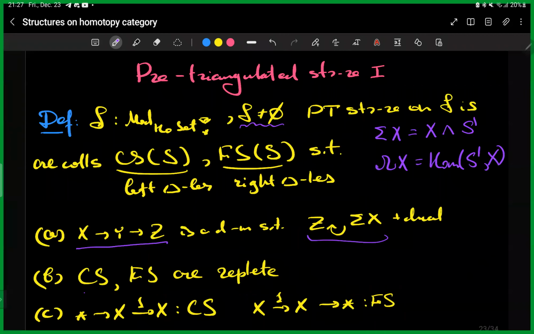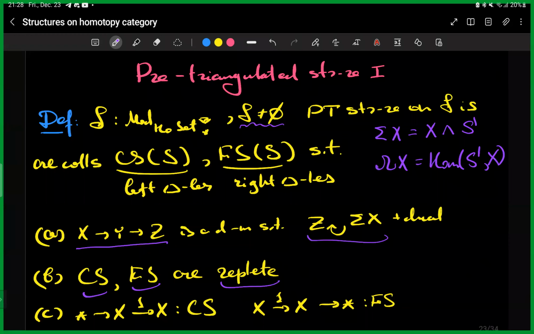Additionally, cofiber sequences and fiber sequences should be replete, meaning that if we have an isomorphism of sequences, which is an isomorphism on objects, which is equivariant with respect to action or coaction on one of the objects, and which makes sense.